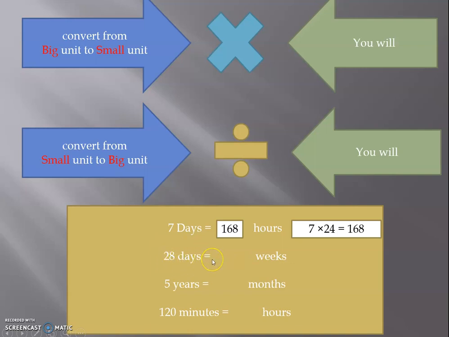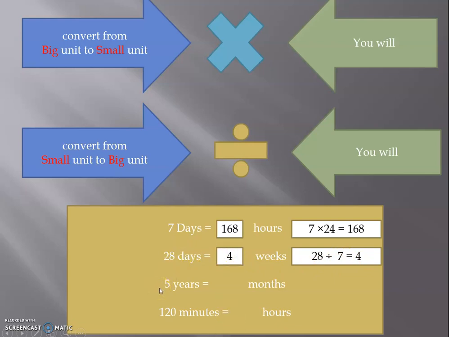I know that 7 days make 1 week, so I will use 7 as the other number. In division I start with the big number, 28, and divide it by 7 equals 4. So 28 days make 4 weeks.